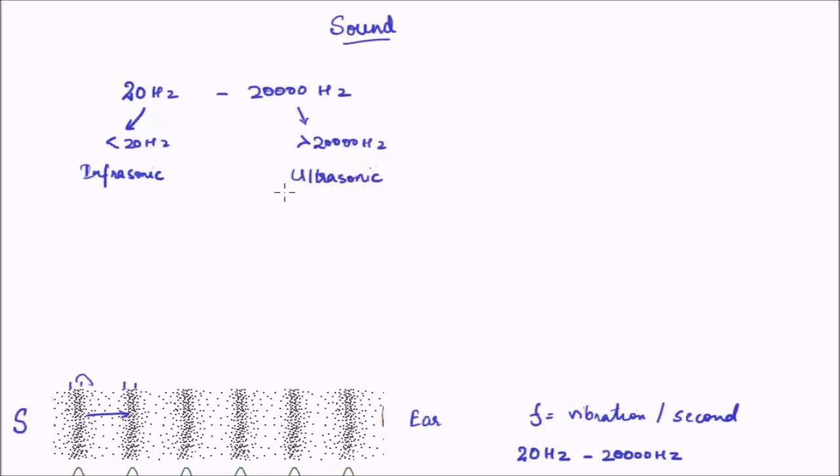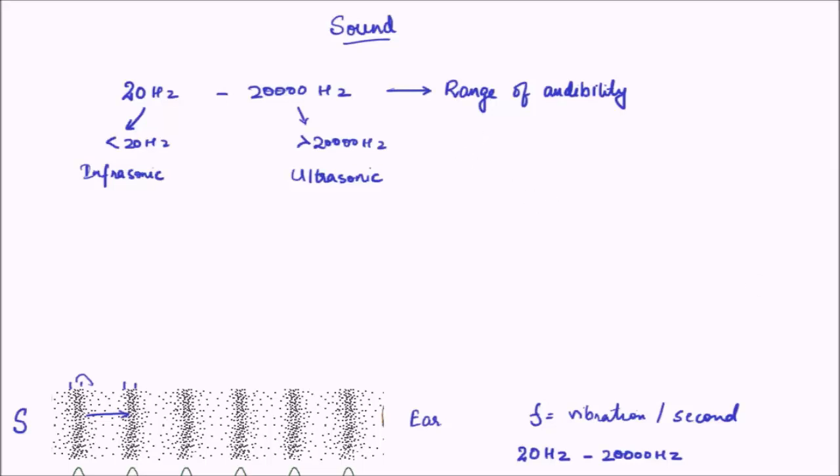So both infrasonic and ultrasonic sound is beyond the hearing capability of human ears, but there are some animals which can hear in these ranges too. This range 20 to 20,000 Hertz is termed the range of audibility. So this is basically the range in which we can hear.